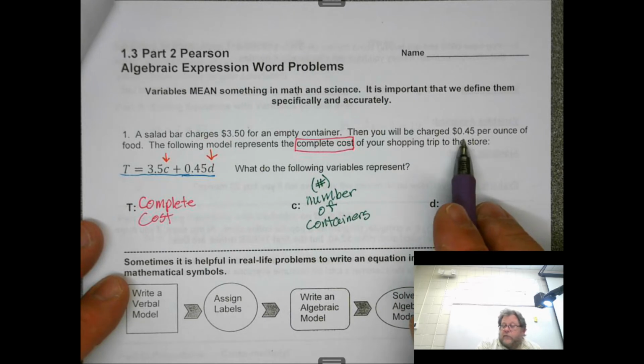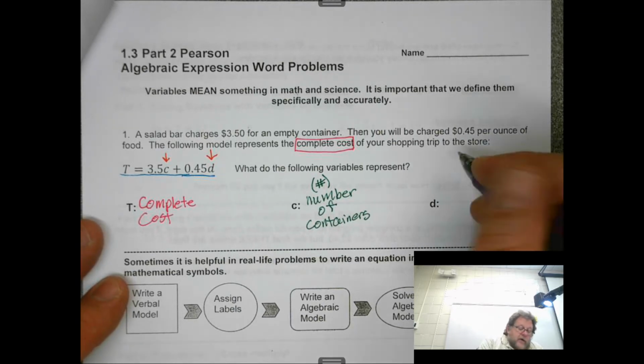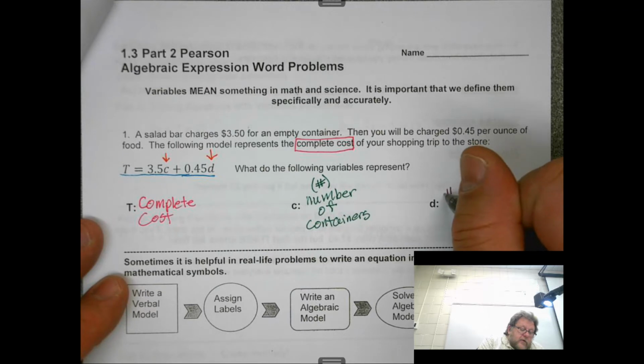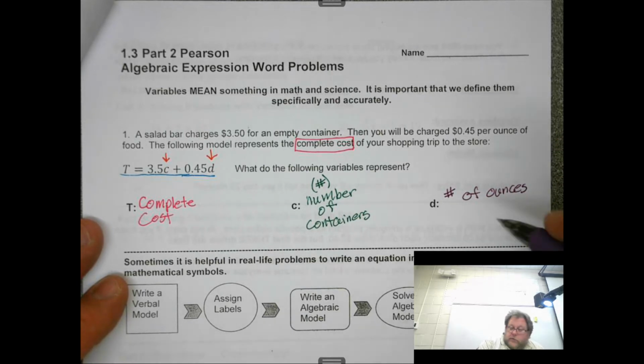So ounce is a weight. So again, it's the number of ounces of food. So those are my defined variables for that particular problem.